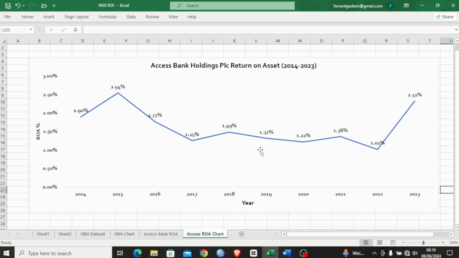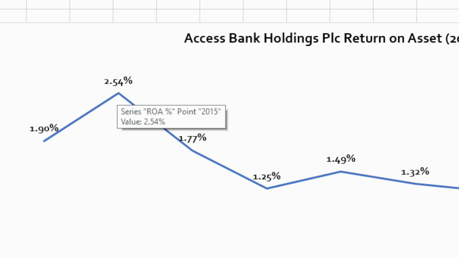So now in 2014, they had 1.9%, which is within the range of 1 to 2%, and that is saying that they are generating profit from their assets. And in 2015, they happened to do better, which we can see here is 2.54%. If we observe very well, they are within the range of 1% and 2%, except in 2020, where they came very low.